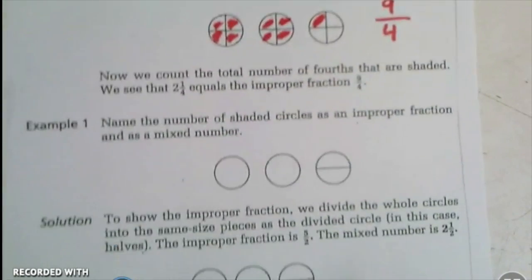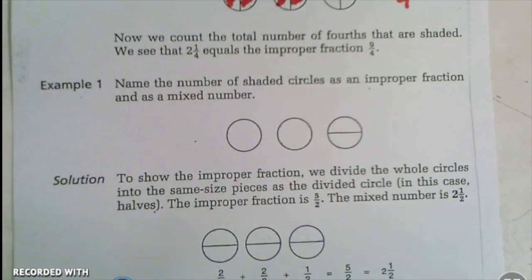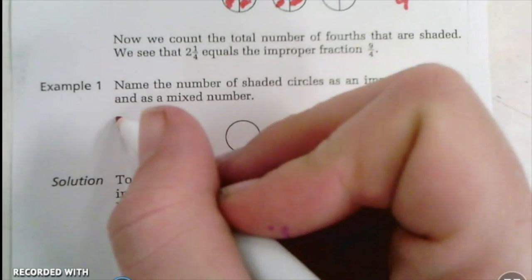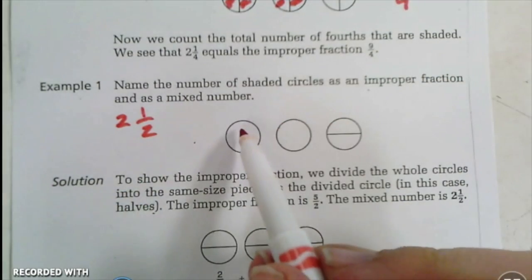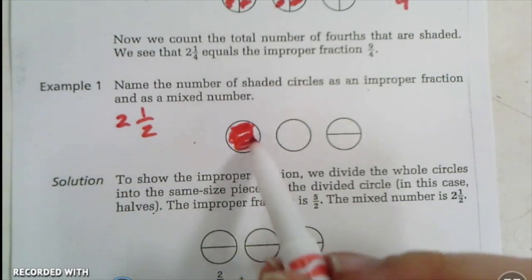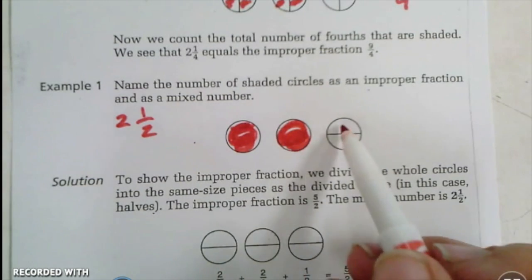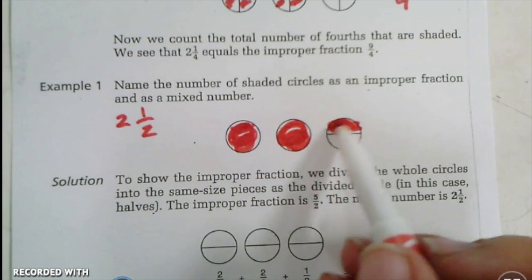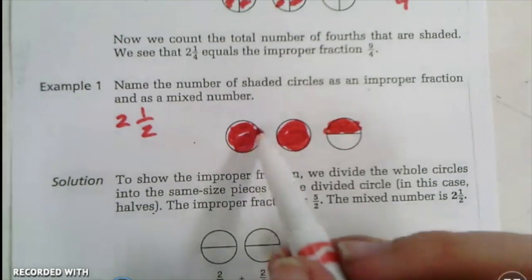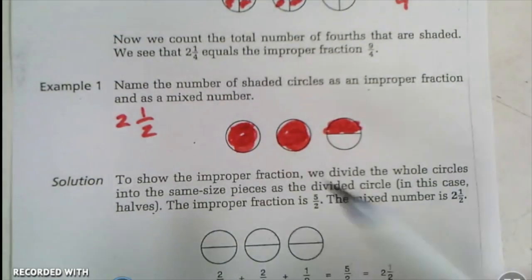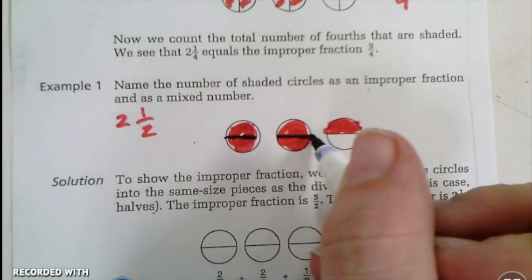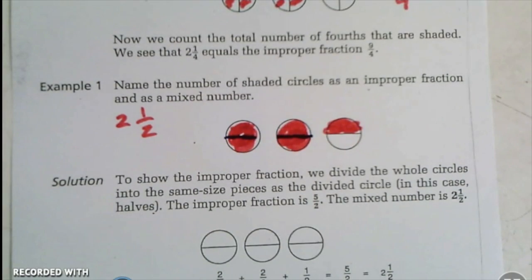All right, let's try another one. It says, name the number of shaded circles as an improper fraction and as a mixed number. The mixed number that we started with was 2 1/2. So I want you to shade this. We've got 1 whole, 2 wholes, and 1/2. All right, now if I wanted to write this as an improper fraction, I need to divide my circles into halves because my fraction piece was in halves.